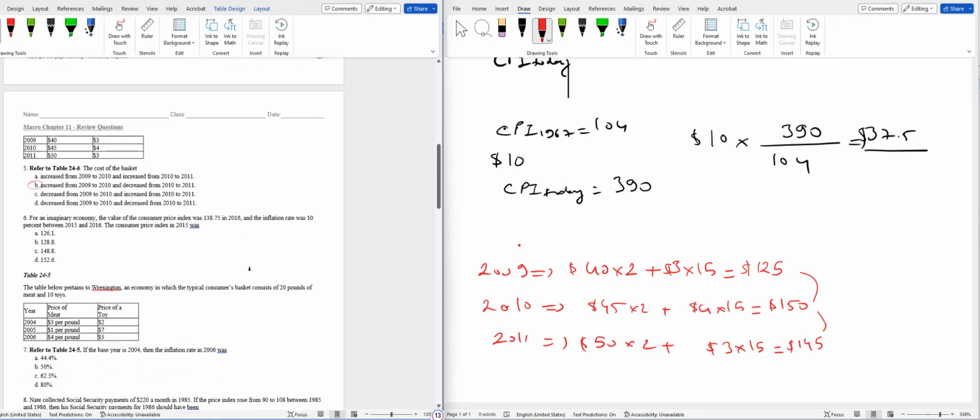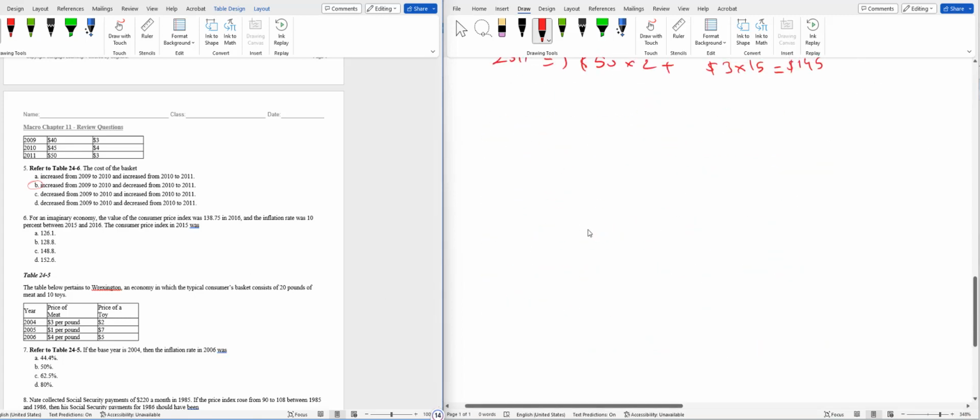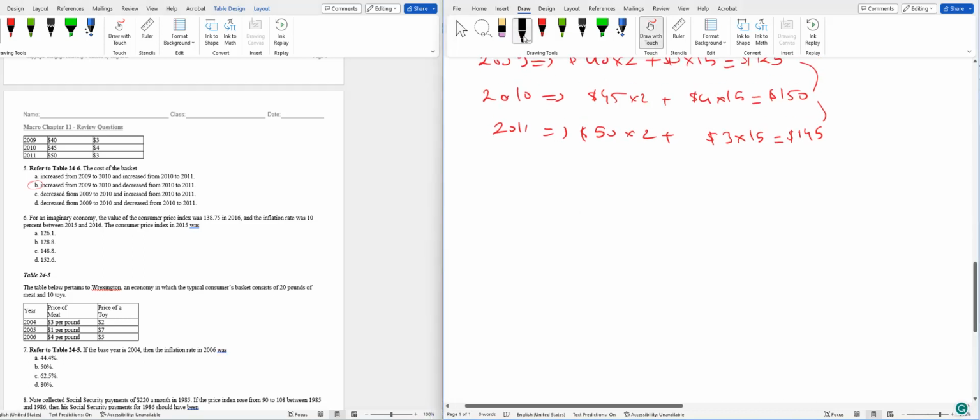Next question. For an imaginary economy, the value of the consumer price index was 138.75 in 2016 and the inflation rate was 10% between 2015 and 16. So we need to calculate the consumer price index in 2015. In order to answer this question, we need to know how to calculate inflation.